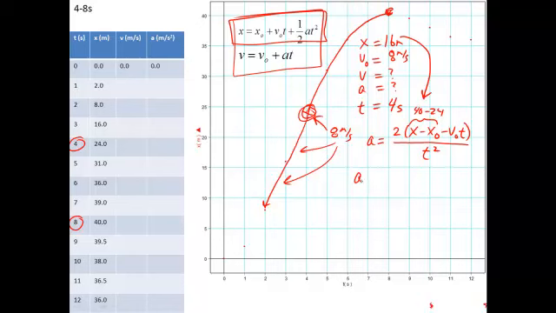So my acceleration is equal to 2 times x minus x initial, we said it was 16 meters, minus the initial velocity. So the initial velocity was 8 meters per second times the time, this is the time from 4 to 8, of 4 seconds.